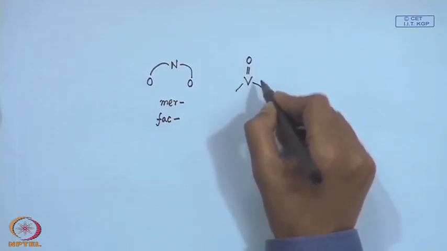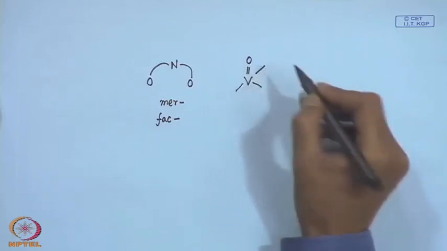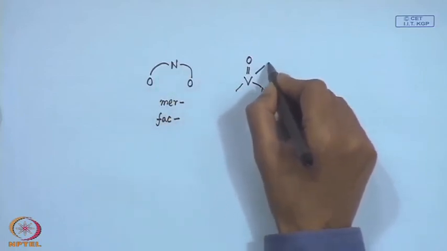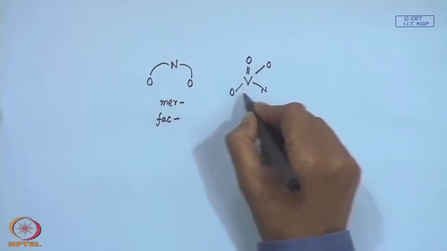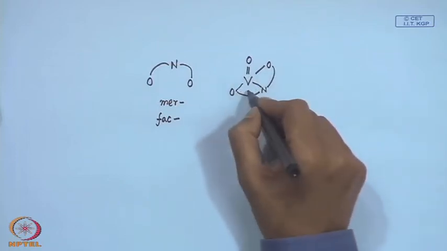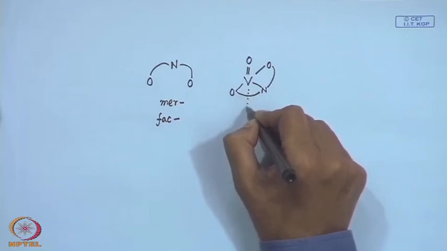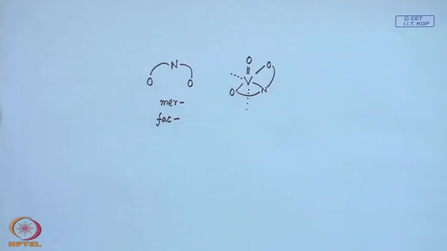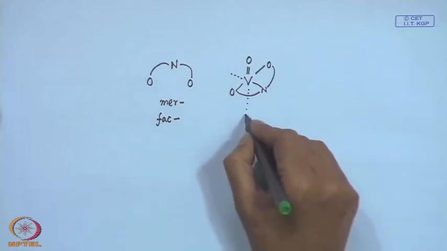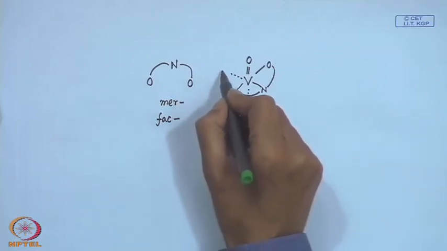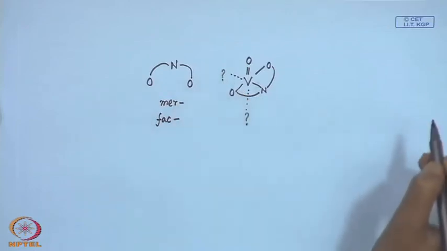So, we can have these three positions occupied by this nitrogen, this oxygen and this oxygen. So, this is the binding. So, we can think of the corresponding occupancy of these positions, and how the other groups come and bind through these positions.